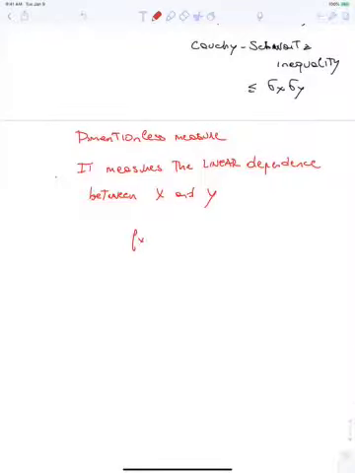So if rho x y is equal to 0, the variables are uncorrelated. If the absolute value of rho x y is equal to 1, then they are linearly correlated, with plus or minus 1, let's say. Then they are perfectly correlated.